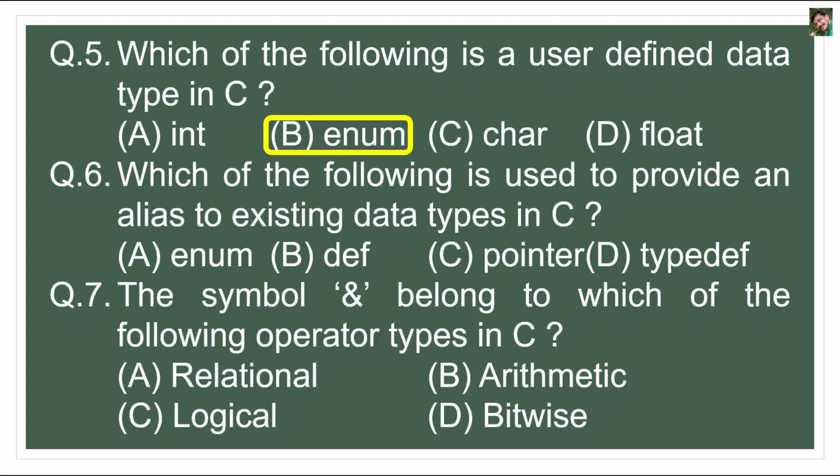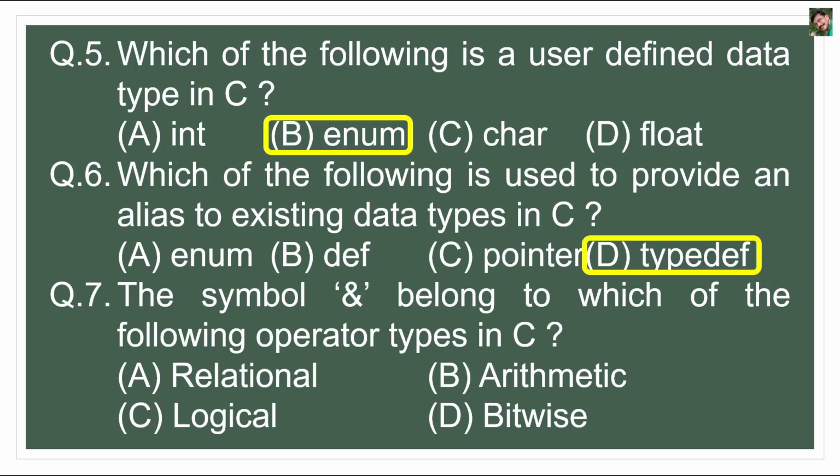Now, the rest of the options in question 5, options A, C and D, that is integer, character and float, are all predefined or existing data types of C. Now what the question says is, if you don't want to use the word char for character data type, and you want to rename it and give some new name, alias, duplicate name, like a pet name, to the same word, you can give that using the command typedef.